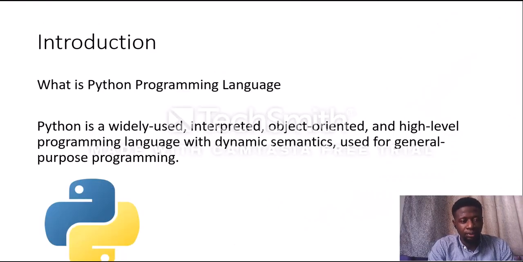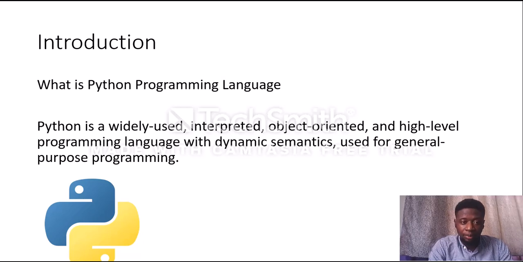So now, introduction. What is the Python programming language? Python is a widely used, interpreted, object-oriented, and high-level programming language with dynamic semantics used for general-purpose programming. Python is a very popular programming language, that's why it's referred to as widely used. And Python is an interpreted programming language, as opposed to compiled programming languages like Java and the rest.